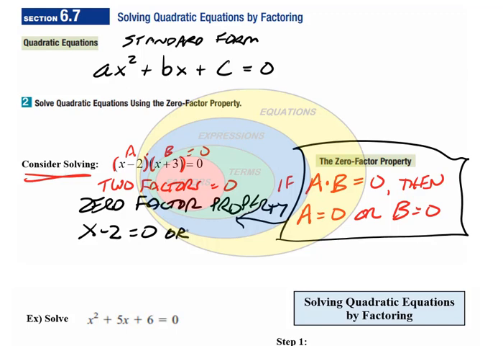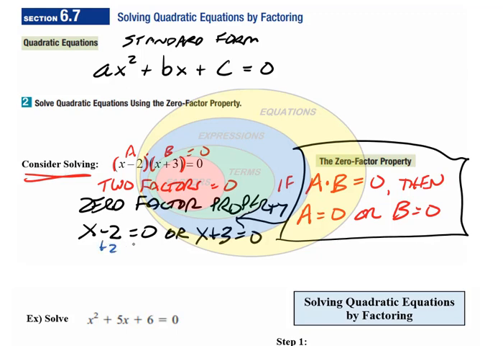Or the other factor, x plus 3, equals 0. So if one of these factors is equal to 0, then we know the product has to be equal to 0.